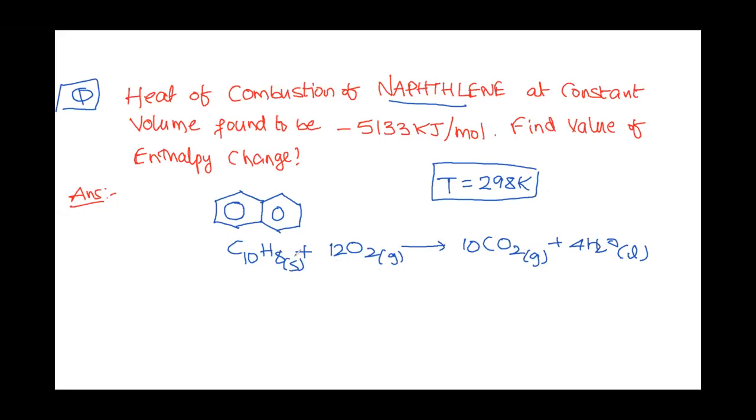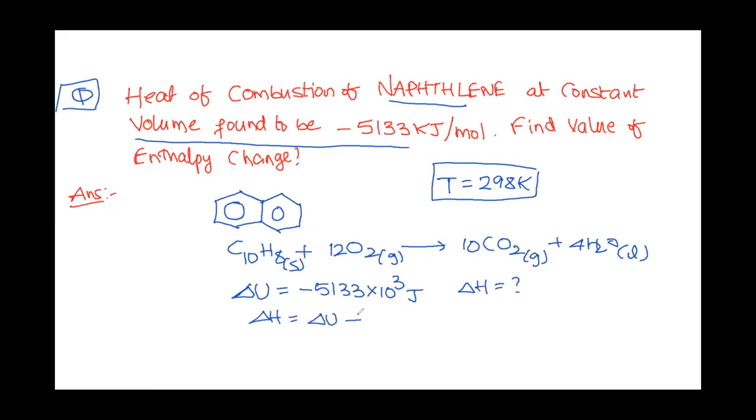Now formula, constant volume. In the question it is given as constant volume found to be. That means delta U is given minus 5133 kilojoules. Therefore 10 to the power of 3 joules. And you have to find out delta H question mark. Okay. So delta H is equal to delta U plus delta NgRT.